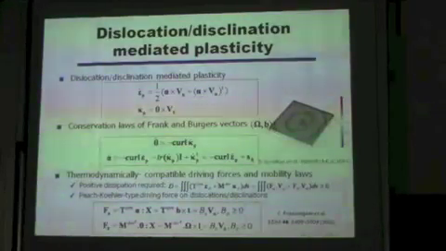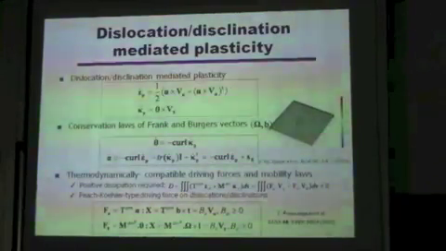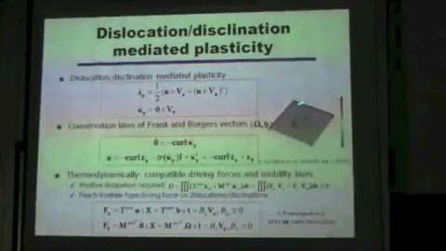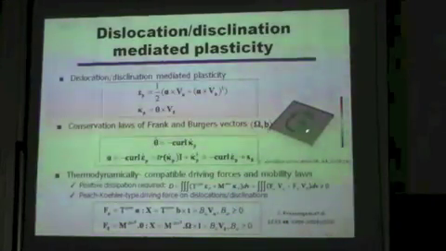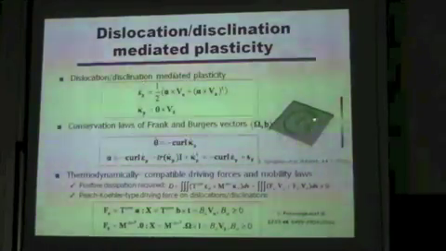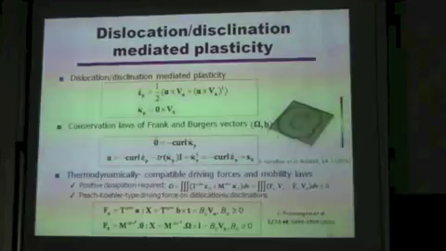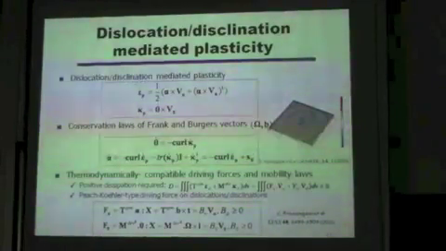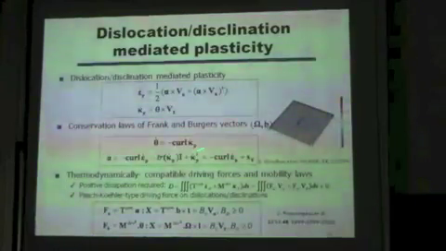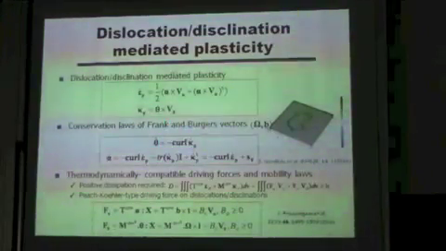It's just to show what the transport equation can do, and it can here reproduce the multiplication of a dislocation and also the annihilation, as you can see here. So we can have multiplication and annihilation, all ingredients that are necessary to build dislocation microstructures. Okay, so there is a similar one for the disclinations, and that's obtained from the conservation of the Frank vectors.